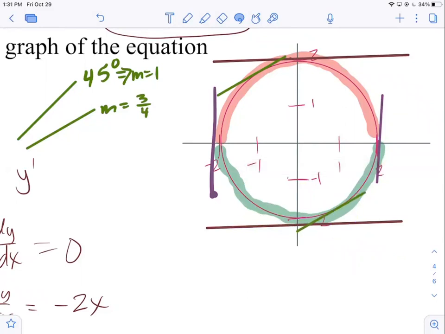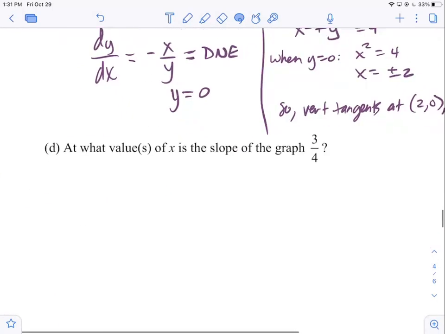So it looks like there's 2 points. These points should have a little bit of symmetry, right? Like this would be a negative number and a positive number, and this would be a positive number and a negative number, and their magnitudes, because of the symmetry of the circle, should be the same. So let's go ahead and see. There should be 2 of them, right?